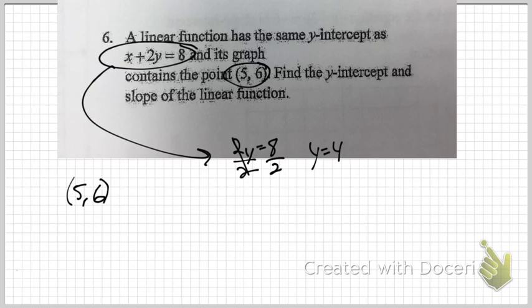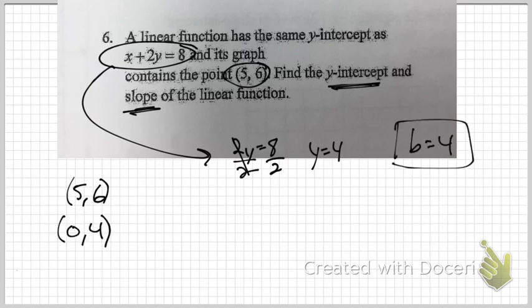They just want the y-intercept and the slope. Well, if it has the same y-intercept, guess what? 0, 4, I've got it. And that is point (0, 4). How can I get the slope from that? You can subtract 4 minus 6 and 0 minus 1. Yep. So I get -2 over -5, so a slope of 2/5.